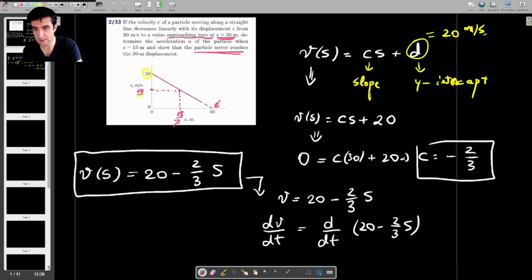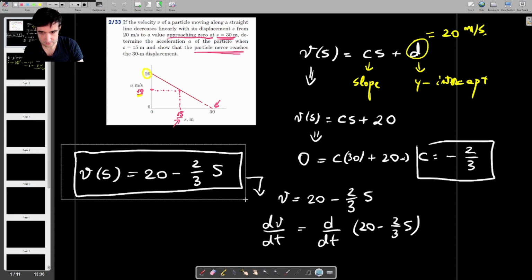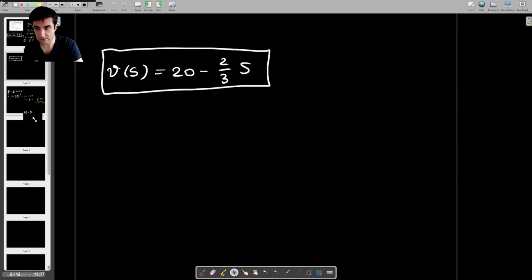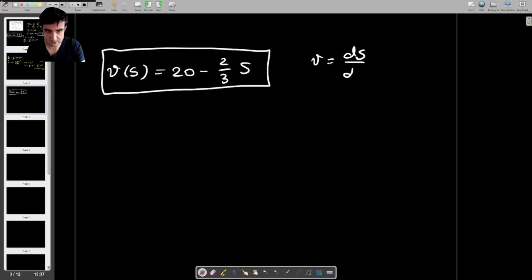So let's take this one and do some things to it. For example, let's write the velocity as the first derivative of displacement like this. So I'm going to have ds over dt equal to 20 minus 2/3 s.